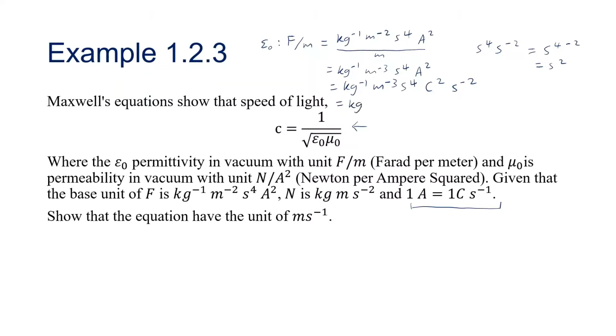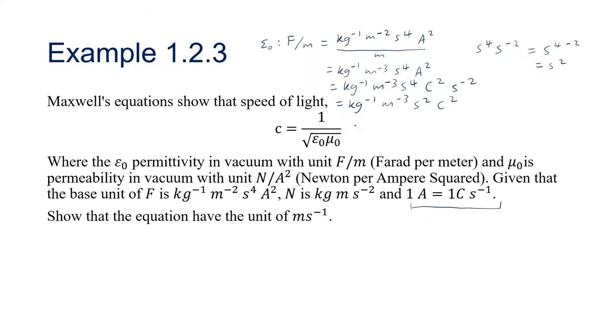So we get kg to the negative 1, meter to the negative 3, second to the power of 2, C squared.